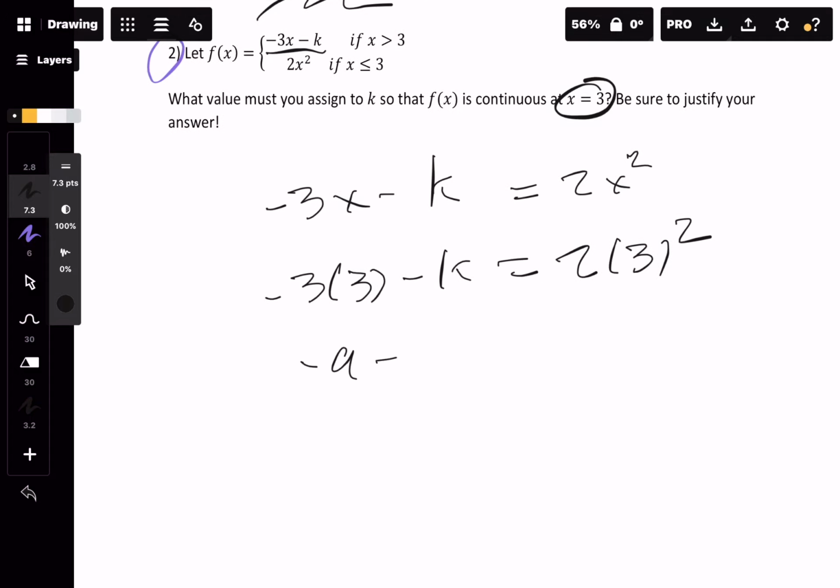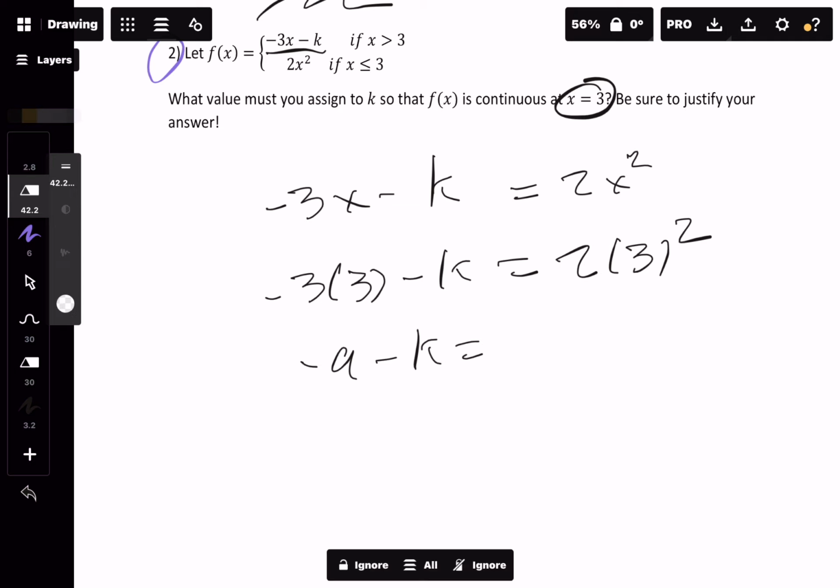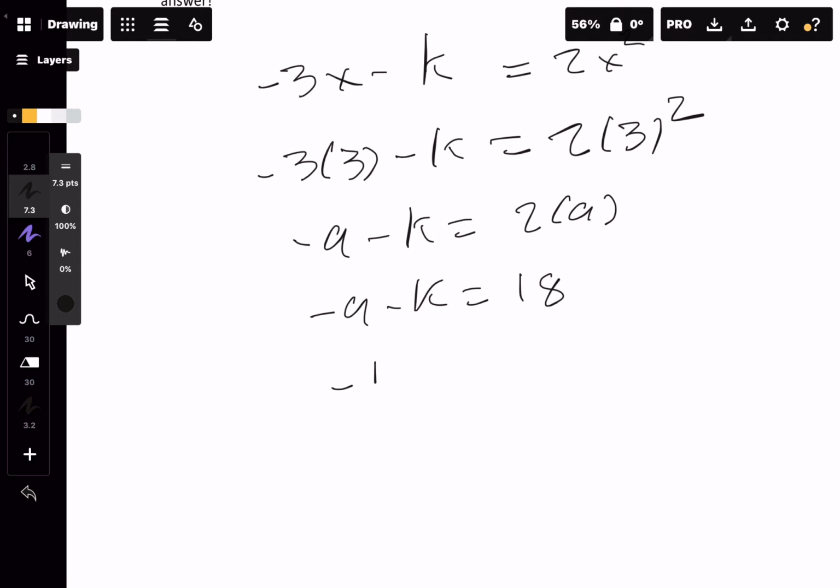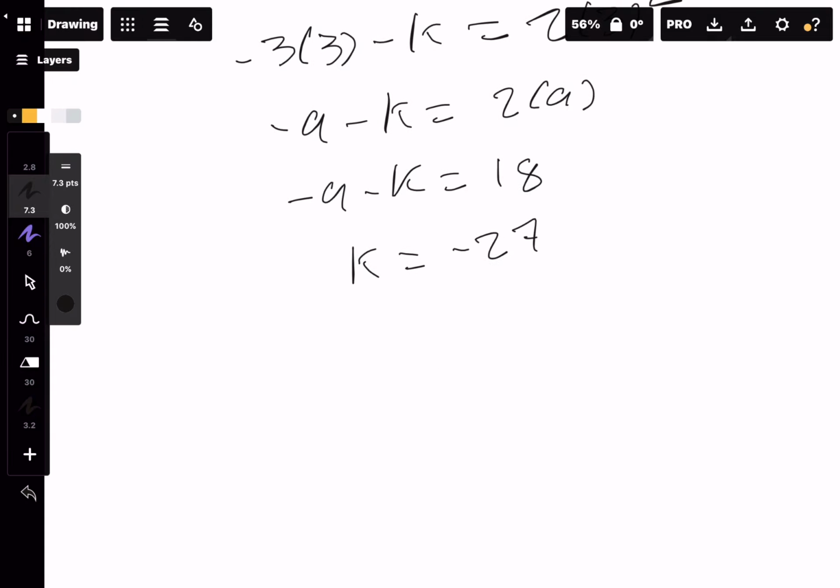This will equal negative 9 minus k equals 2 times 9, so negative 9 minus k equals 18. Negative k equals negative 27.